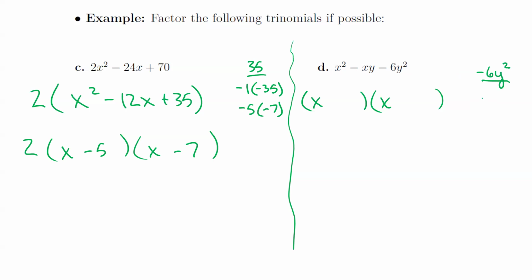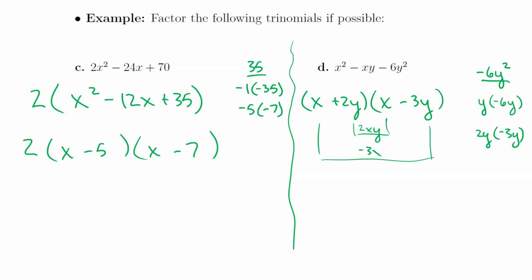So it could be y and negative 6y, but it could also be 2y and negative 3y. Well, adding 2 and negative 3 gives me negative 1. So I think that's the trick. That's the correct answer there. So let's check 2xy, negative 3xy. Those add to make negative xy. So there's our factorization.